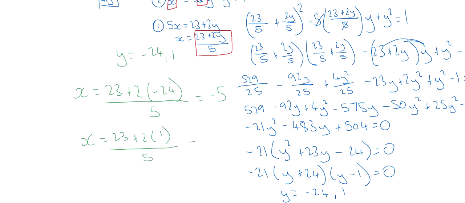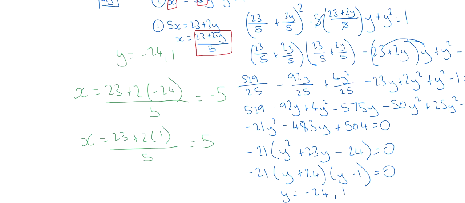That just gives you 1. Why did I say that? Oh, no. What did I just say? That's not 1, that's 5. That is definitely 5, because this is 23 plus 2, which is 25, divide 5 is 5.